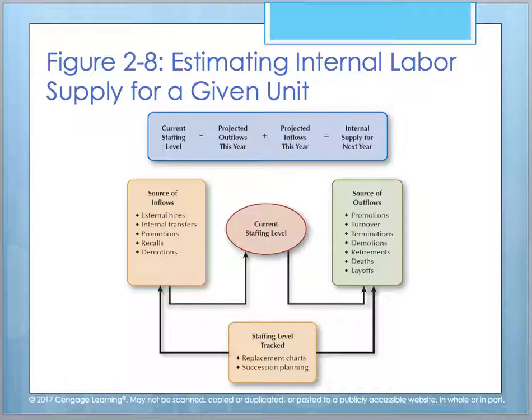And so your inflows are your external hires, promotions, demotions. Your outflows are turnover, promotions, if anyone passes away, retires, if there's layoffs. And from there you can see where you can have your staffing tracked, where you can actually create replacement charts.